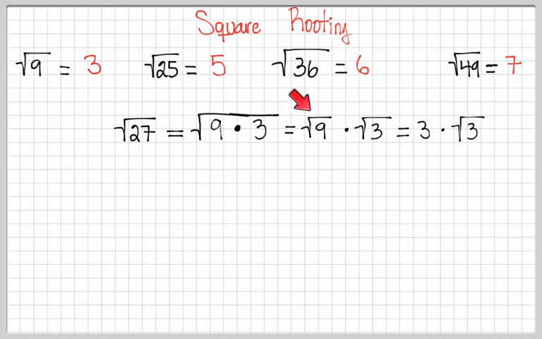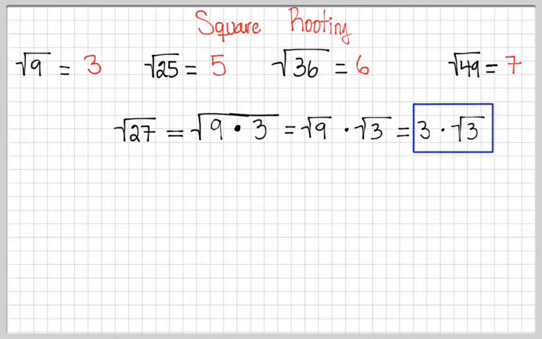Now I don't need the square root symbol anymore because I just square rooted it. Square root of 9 equals 3. Square root of 3 stays the same. So my simplified version of the square root of 27 is 3 times the square root of 3.